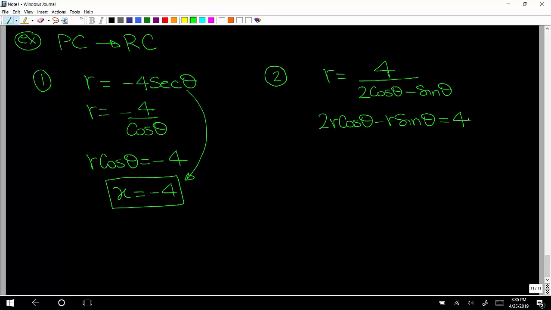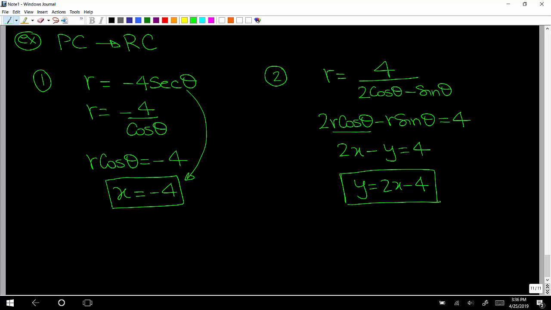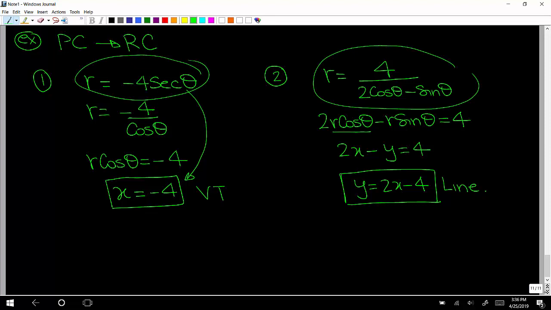Okay, as soon as I do that, we know something right away, correct? We know that r cosine theta is x, r sine theta is y. So we get y is equal to 2x minus 4. So we get a line. Out here we get a vertical line. Out here we just get a diagonal line with slope 2. And these polar equations are much more complicated compared to what we end up with in rectangular coordinates.